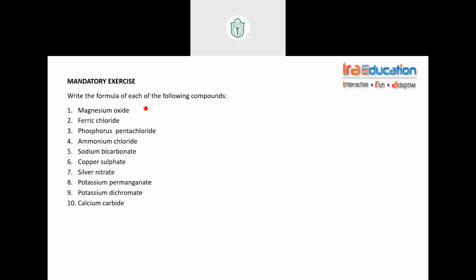Okay, see. Magnesium oxide, MgO. Ferric chloride, FeCl3. Correct. Sir, in phosphorus pentachloride, what is the metal? There is no metal.